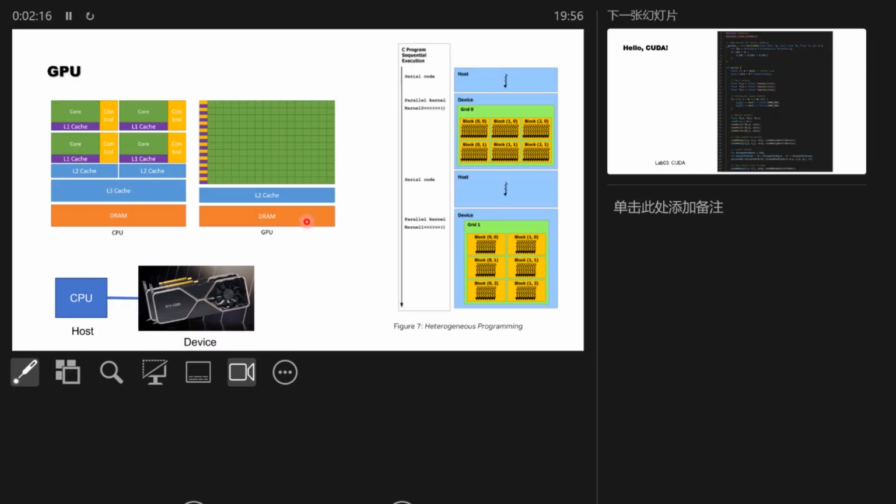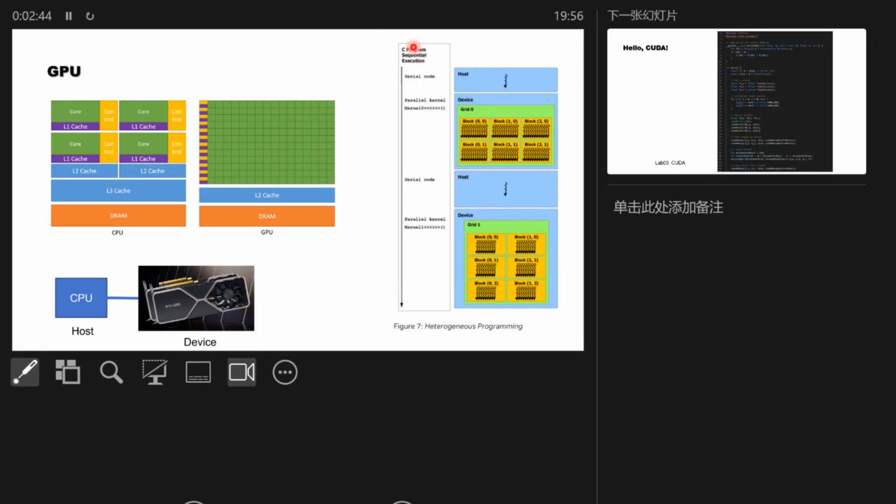Now, what's the difference between a GPU and a CPU? As you can see, the CPU uses most of its area for cache, control logic, and a few cores, but the GPU wants to use many cores to compute. Inside NVIDIA's programming guide, it defines the CPU as the host and the GPU as the device, connected using interconnects like PCIe.